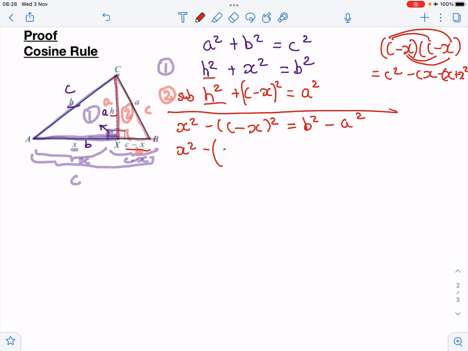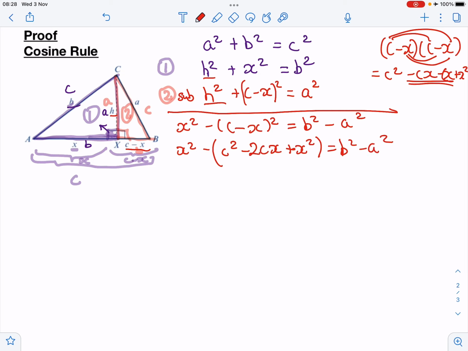So in here we have c squared minus 2cx, collecting like terms, plus x squared, equals b squared minus a squared.